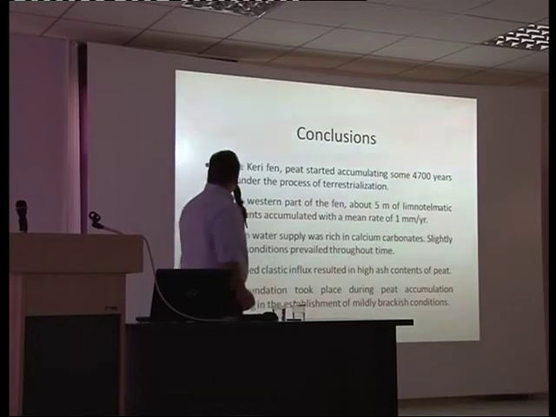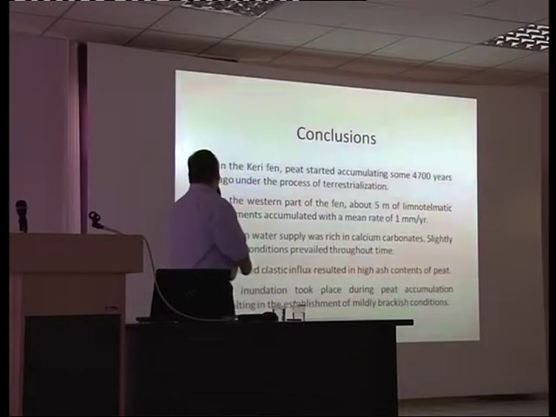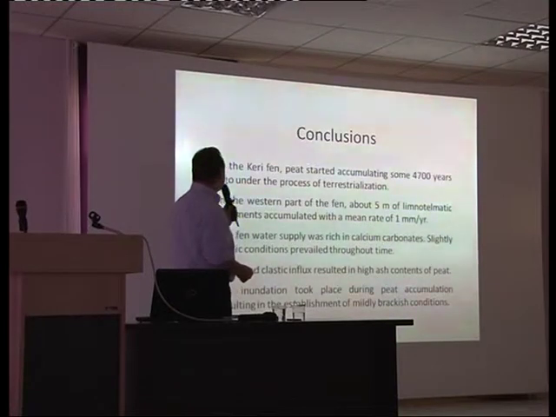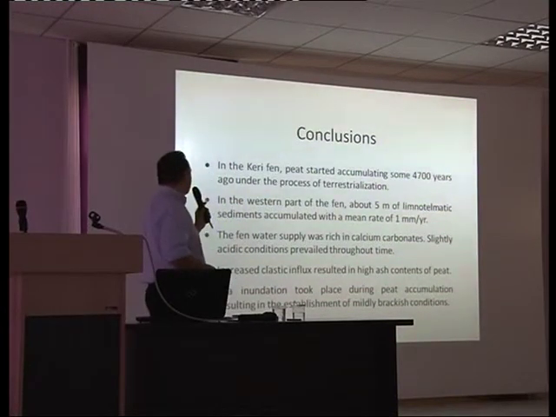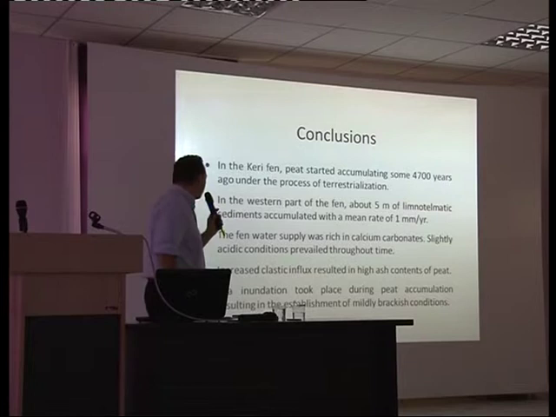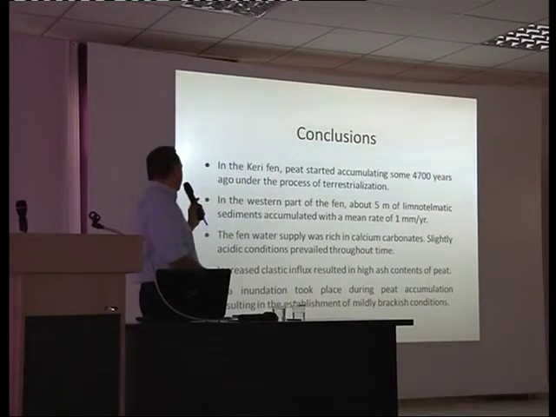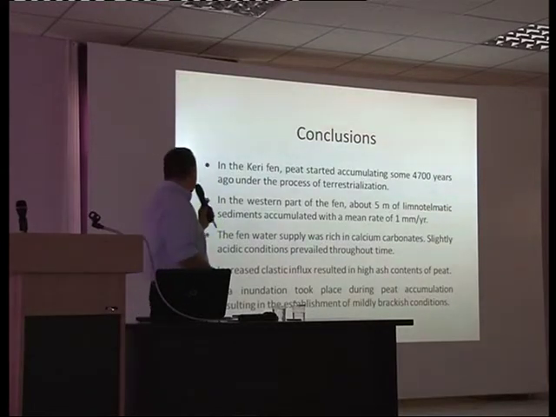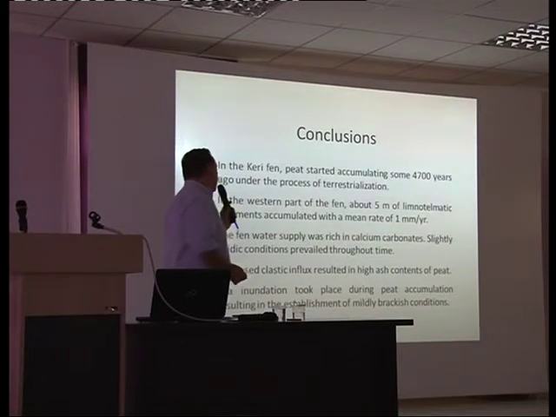So some conclusions. In the Kourie fen, peat started accumulating 4,070 years ago, under the process of terrestrialization. In the western part of the fen, about 5 meters of telmatic sediments accumulated, with a mean rate of 1 millimeter per year.